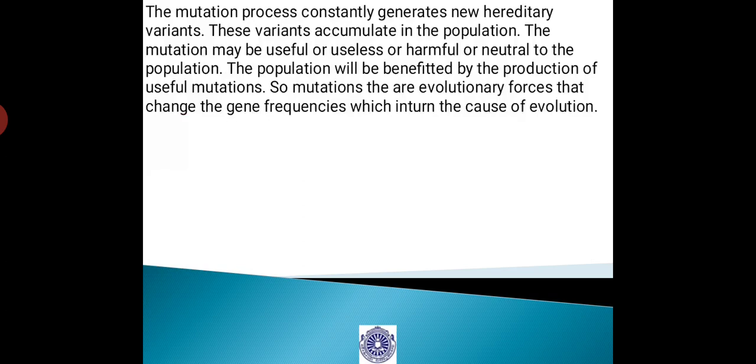The mutation may be useful or useless, or harmful or neutral to the population. The population will be benefited by the production of useful mutations. So, mutations are the sources of evolutionary forces that change the gene frequencies, which in turn are the cause of evolution. So one of the major factors for origin of variations is mutations.